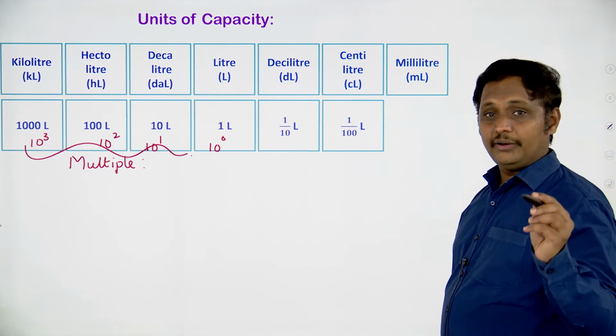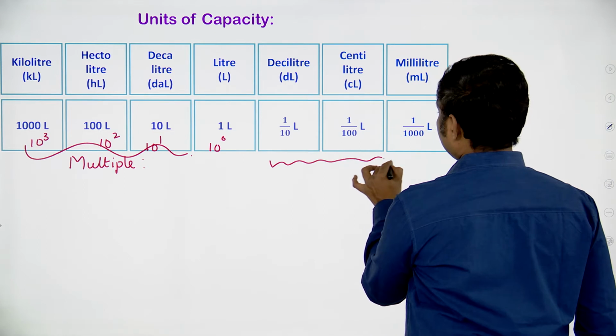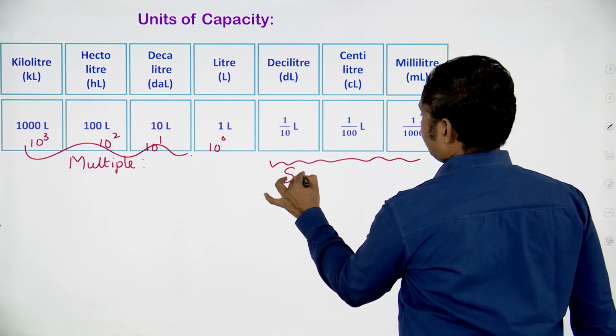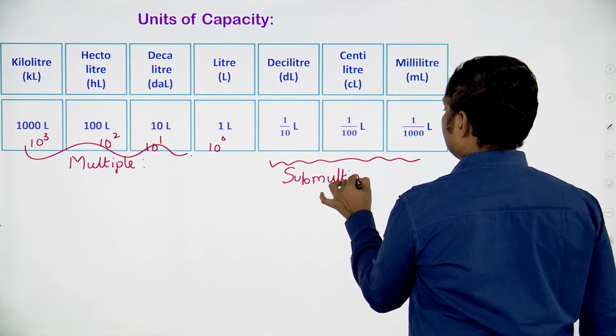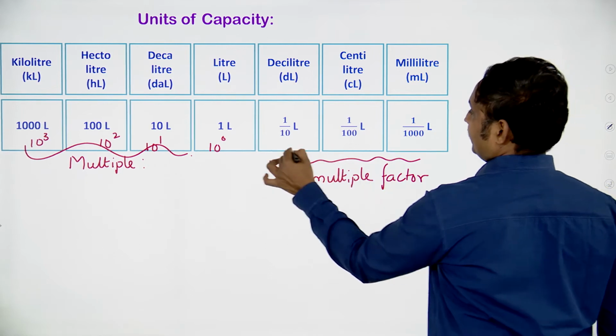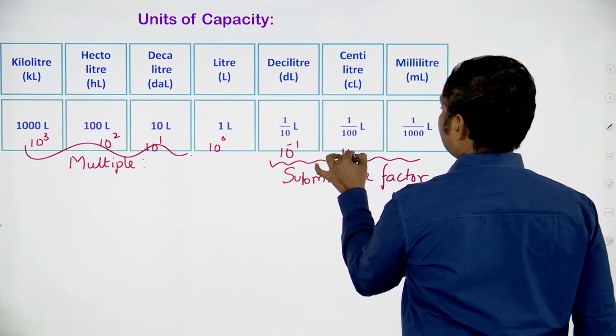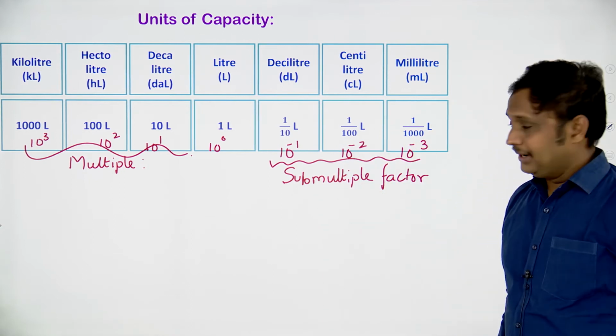We have this representation. Then this is going to be submultiplication. Just see the submultiple factor, that is 10 power minus 1, 10 power minus 2, 10 power minus 3. In this way we are going to represent it.